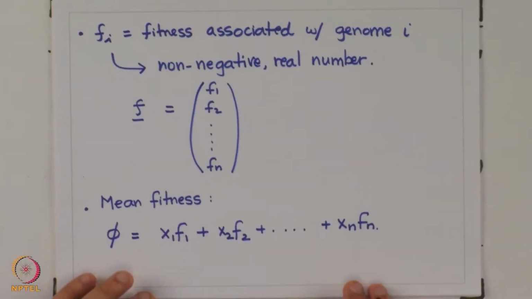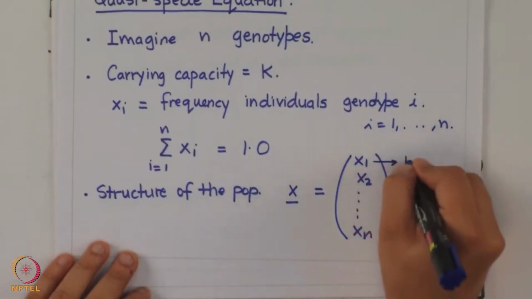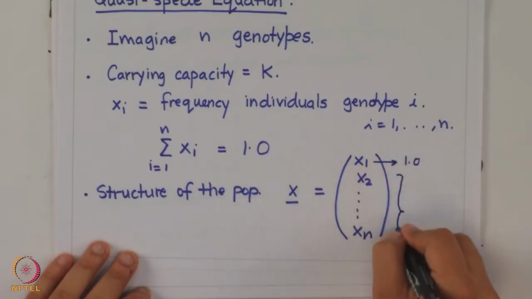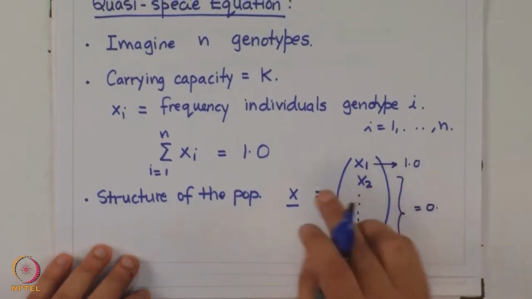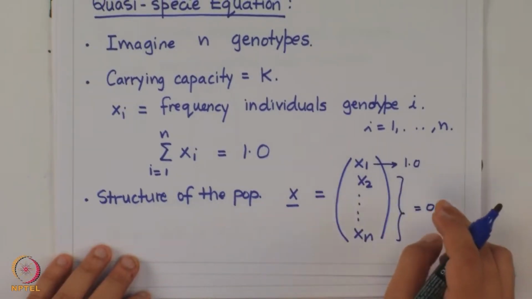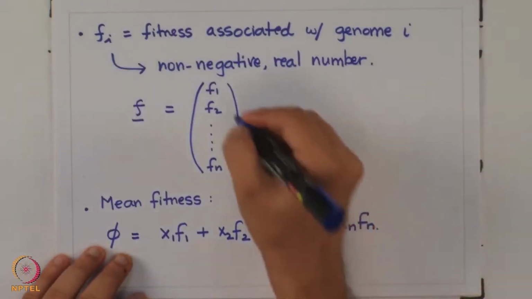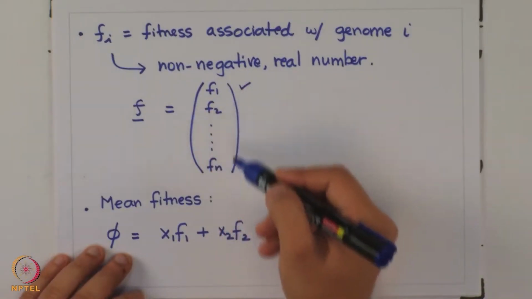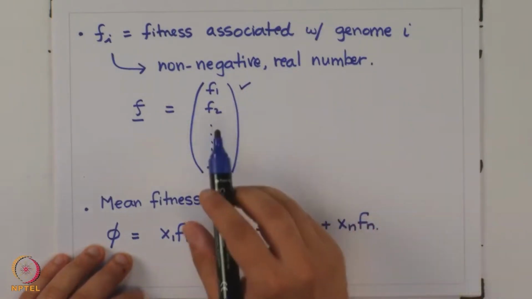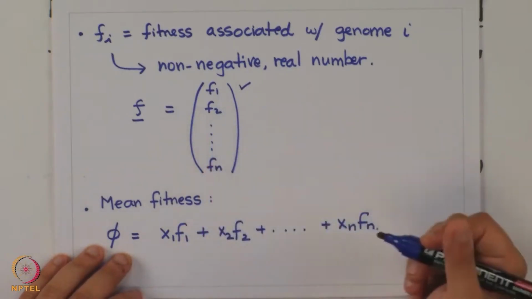You can do a superficial check of this. Imagine that the structure of the population is such that x1 is equal to 1 and all the other xi's are equal to 0. What you are saying is that every single individual in the population belongs to genotype 1. That means every individual is at fitness f1 and there are none at fitness f2 to fn. Then obviously the mean fitness should also be equal to f1.